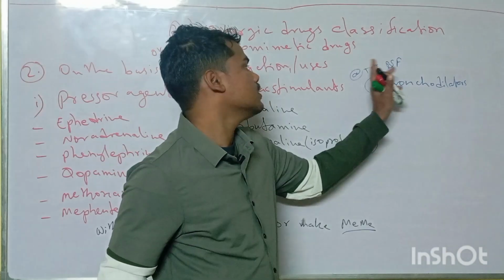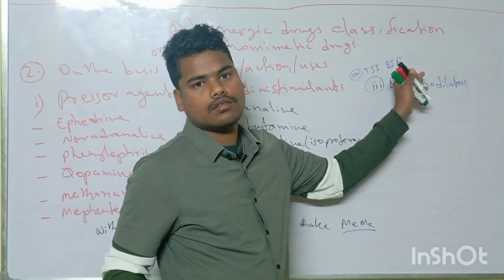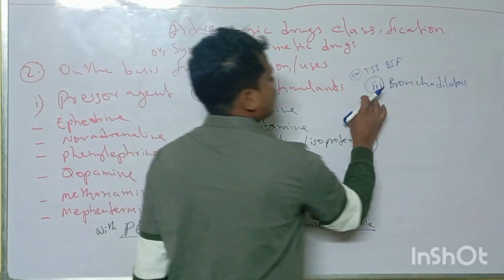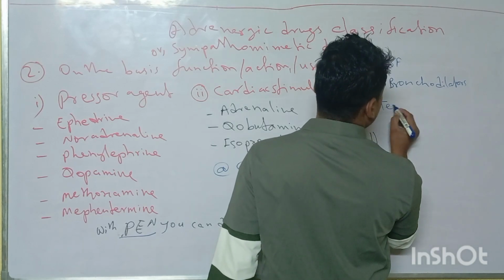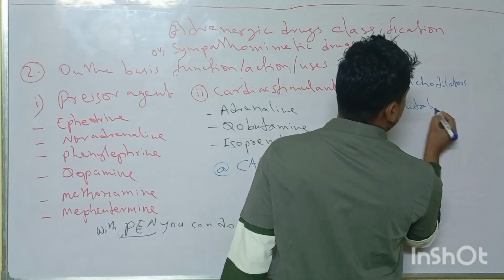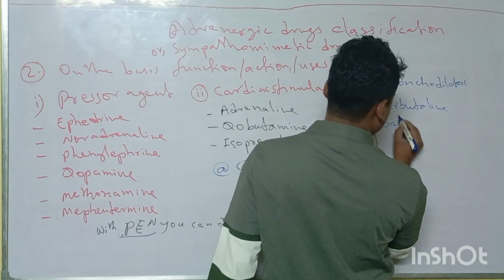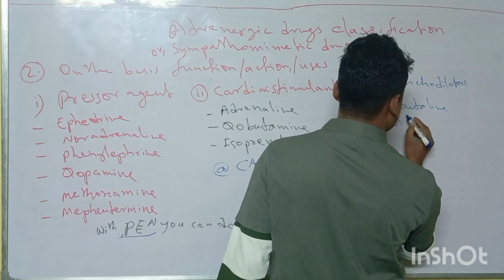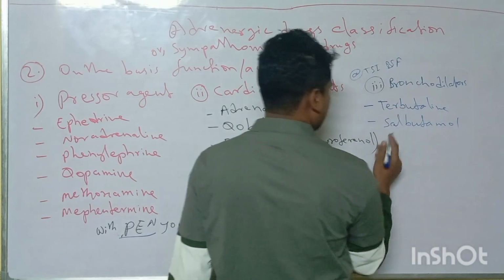You might have studied this and Border Security Force, but here it will have a different meaning. T stands for terbutaline. S stands for salbutamol.